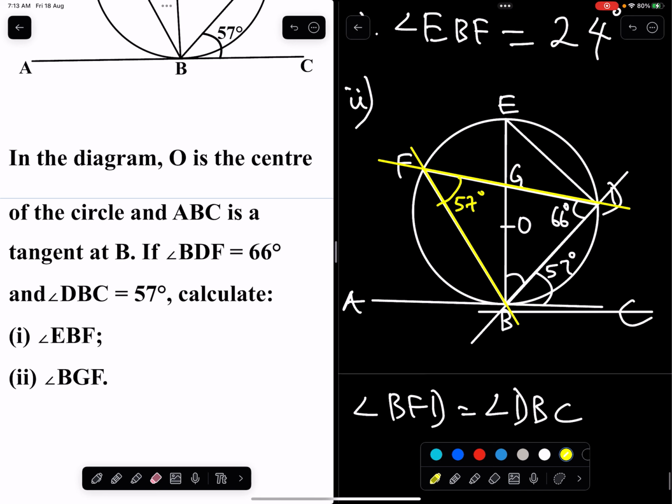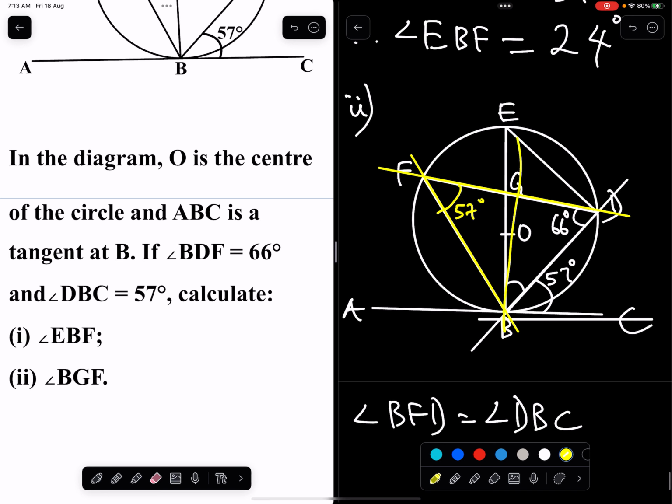And we can see that also applies to BE and ED, which also meet at the circumference to form a triangle with the chord BD. So that means the angle formed by BE and ED is also the alternate segment angle to 57 degrees.